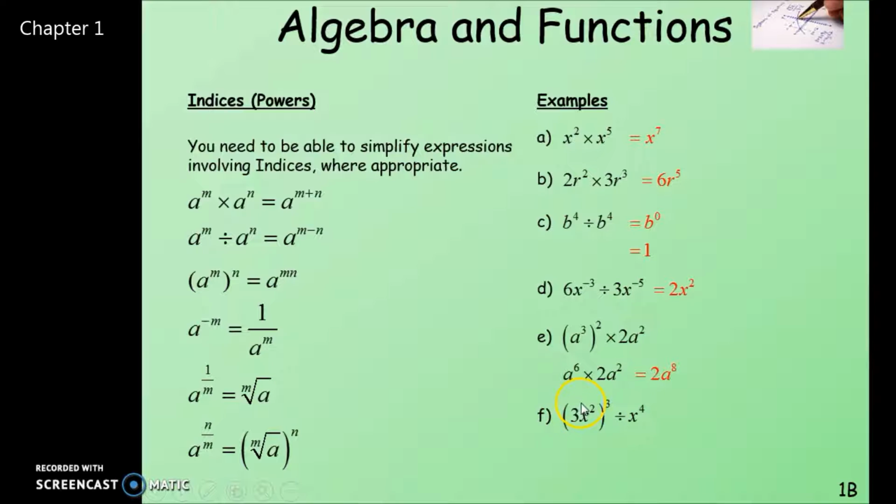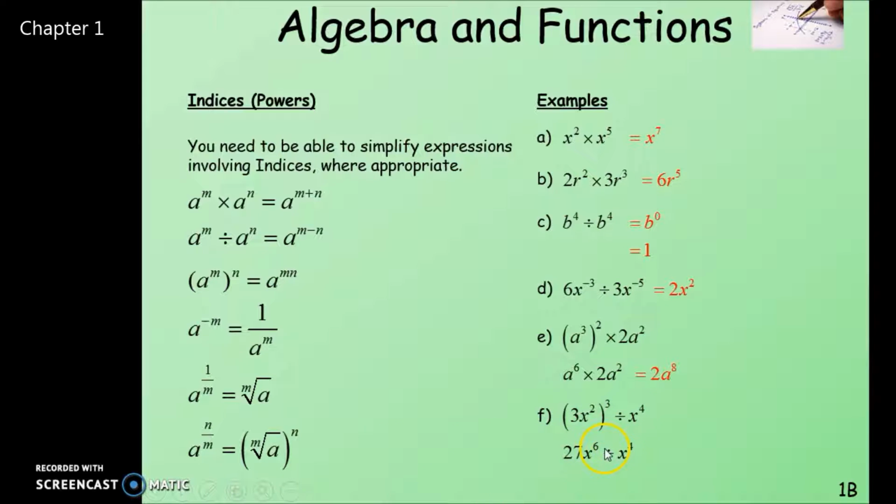So the 3 to the power of 1 is actually going to be the 1 and the 3 will times together, and you'll get 3 cubed, and the x squared will multiply with the 3, so the 2 and the 3 will become x to the power of 6. So you've got 3 cubed and x to the power of 6. So what's 3 cubed? 3 times 3 times 3 is 27. So we're going to end up with 27 x to the power of 6.